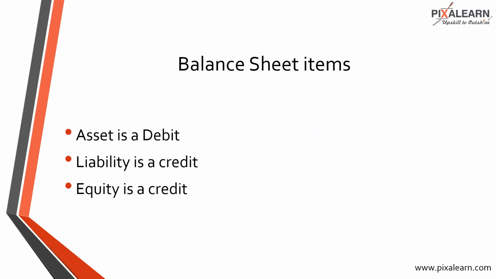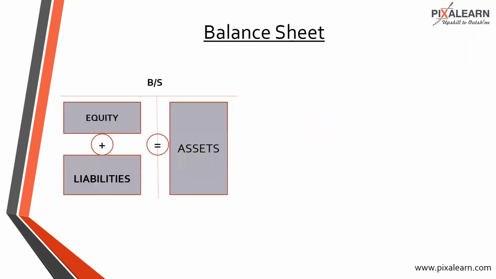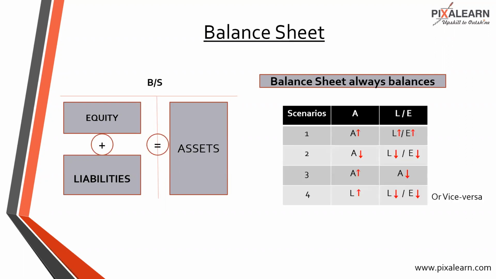So let's use this as a means of writing some of the journal entries. Now, this is something that we've already established, that equity plus liability is your assets, or equity is a difference between assets and liabilities. Now, if this basic accounting equation has to hold true, that means if I were to say the balance sheet always balances, there can be four scenarios for this equation to mathematically hold true.